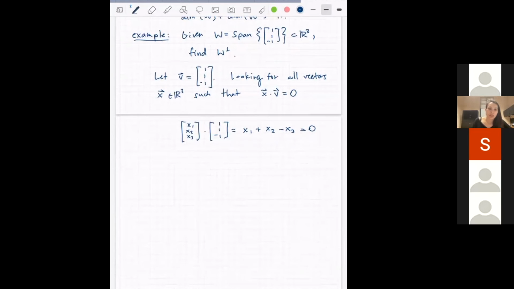We can treat this the way that we usually do for solving the homogeneous equation. So we have this equation involving our parameters, and we move them to one side. We get x1 equals negative x2 plus x3, and x2 and x3 are free.